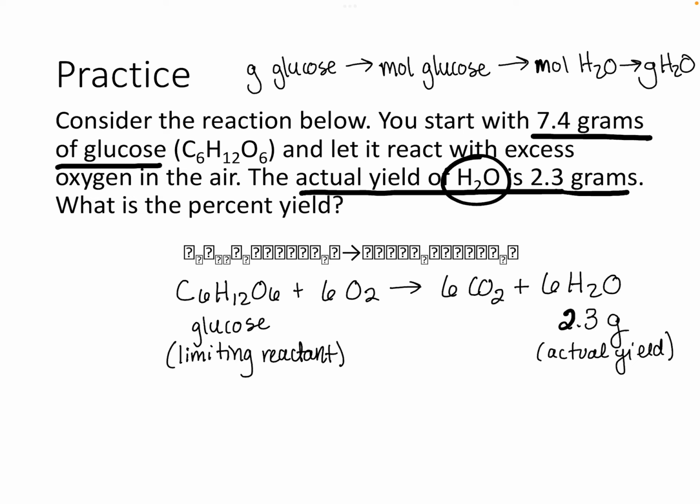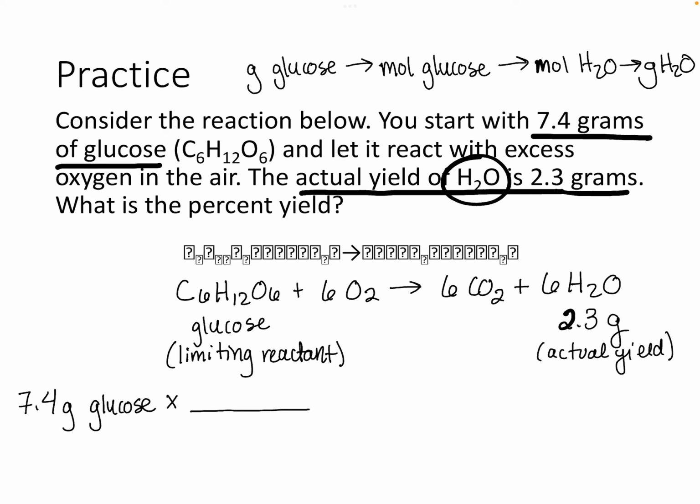Okay, so let's start at the beginning with what we're given. And it looks like we need to figure out the molar mass of glucose in order to convert from grams to moles.